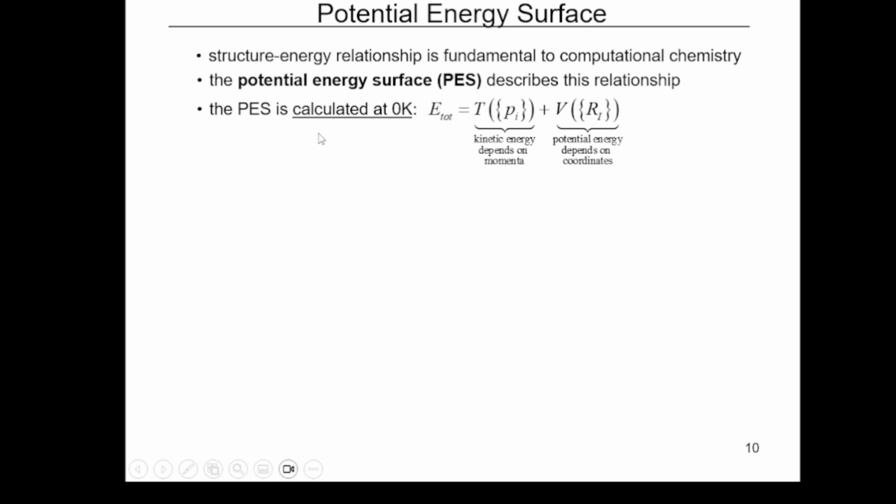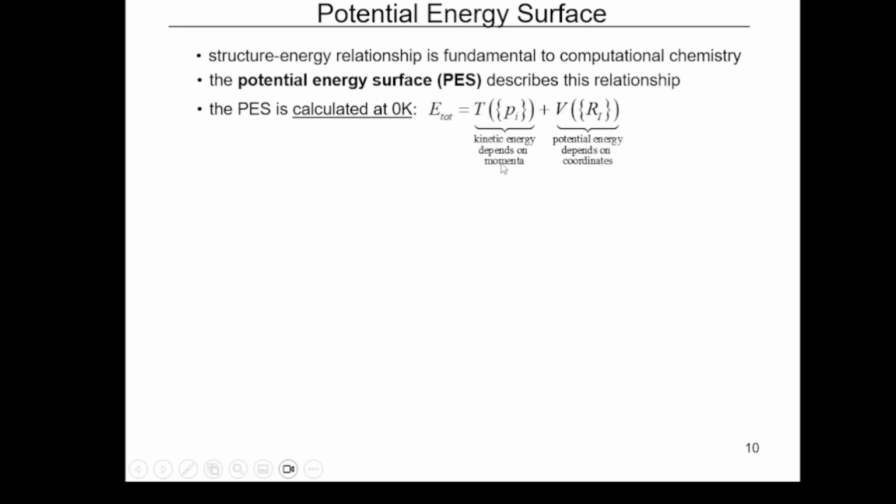Now, before I give you explanation of potential energy surface, let me tell you that potential energy surface is calculated at 0 Kelvin. Now, why is it calculated at 0 Kelvin? There is one fundamental point that the actual energy of a system is a combination of kinetic energy and potential energy.